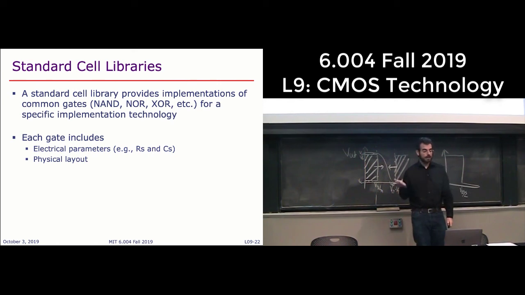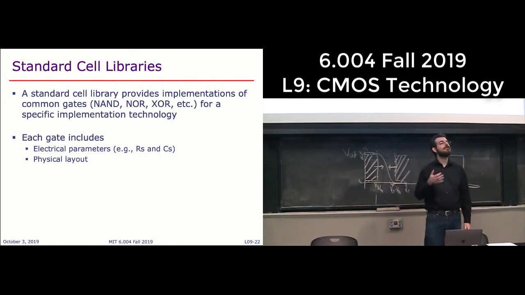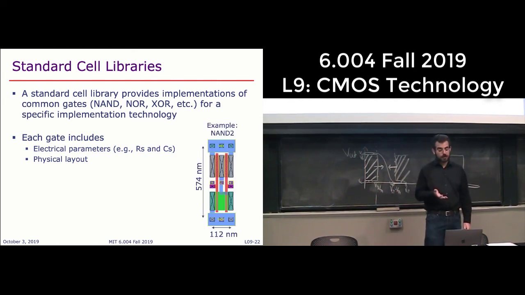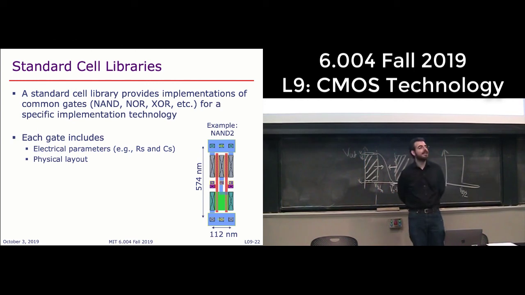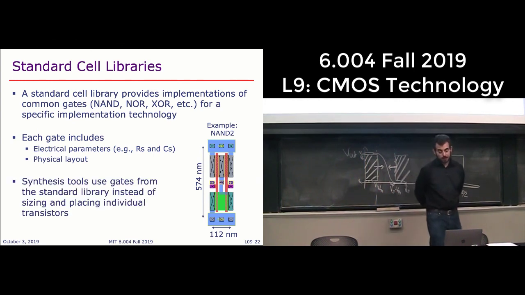In the end, we don't size transistors individually, but the synthesis tools use these collections of gates that have very carefully designed layouts. When we say the area of a NAND gate, it's because there's a physical layout of the NAND gate that has all these components. And when you use the synthesis tool, you're going to be trading off area and delay using all these combinations of gates.